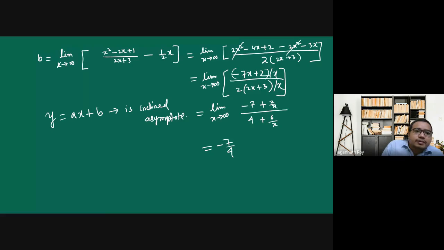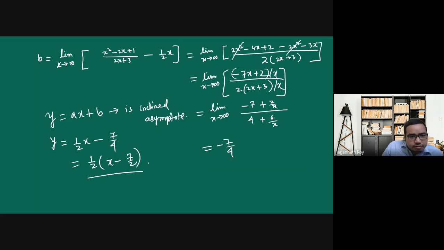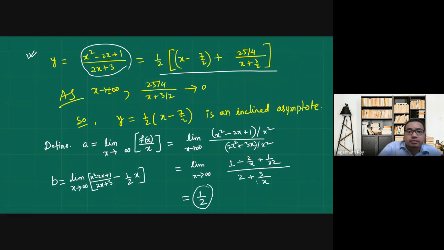So we will have y equals half x minus 7 by 4. This is actually the same as what we have written as a function in the alternative method.